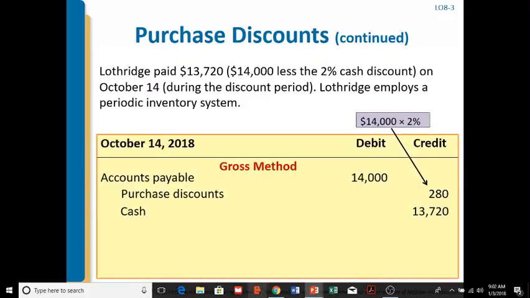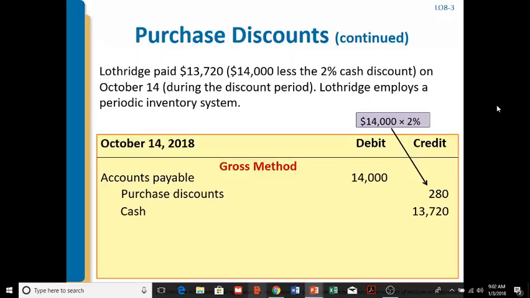If you're using the gross method, when you take a purchase discount, you're going to list the amount of the discount as a credit, and of course the amount of cash you're going to pay is less than the billed amount.